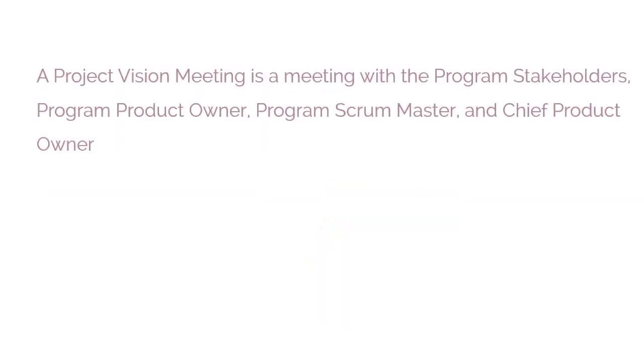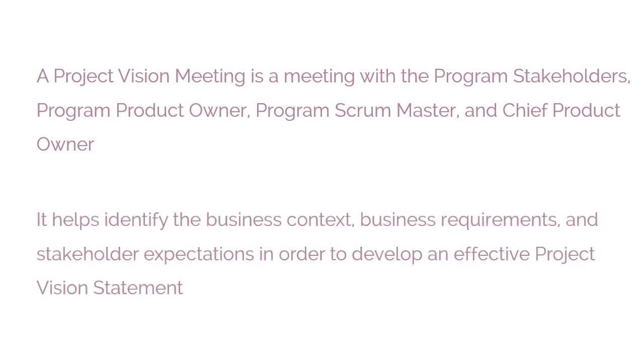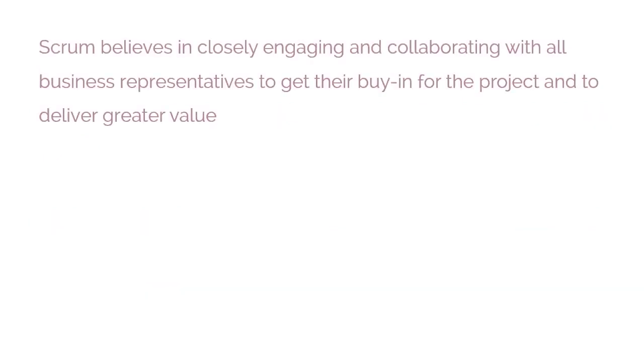A project vision meeting is a meeting with the business stakeholders, Program Product Owner, Program Scrum Master, and Chief Product Owner. It helps identify the business context, business requirements, and business stakeholder expectations in order to develop an effective project vision statement. Scrum believes in closely engaging and collaborating with all business representatives to get their buy-in for the project and to deliver greater value.